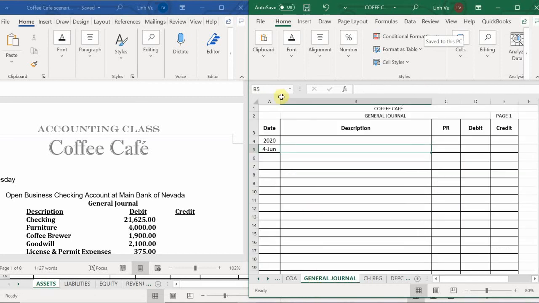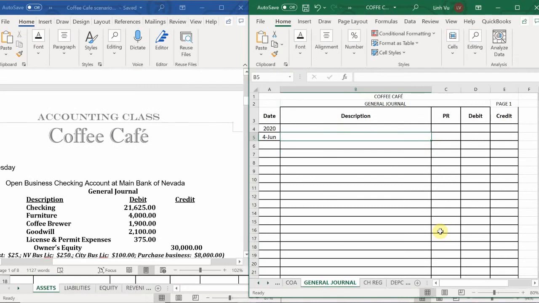First things first, I'm going to be recognizing my checking account. In this case, order doesn't really matter, but because I'm telling you how the order should be, as long as you're able to recognize your debits first and then your credits afterwards. So I'm going to recognize my checking account first.